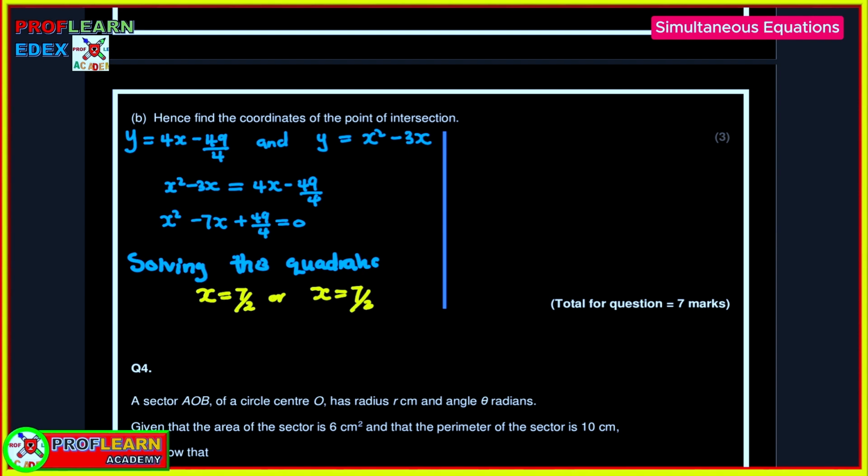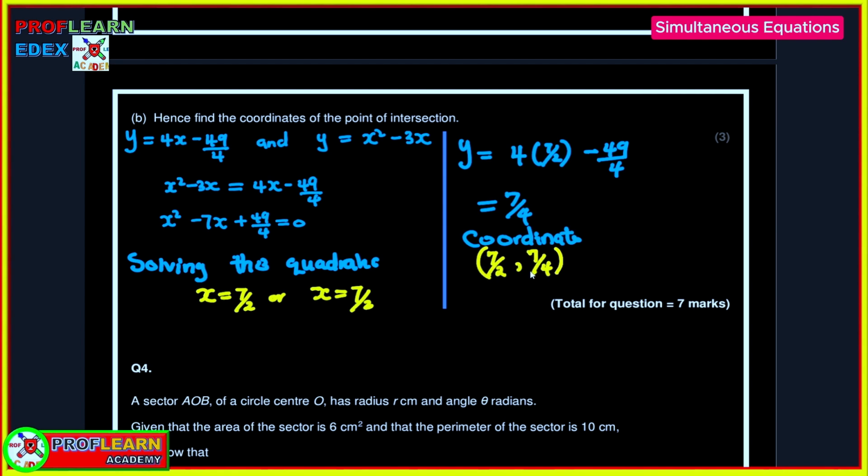We can substitute this value of x into the equation of a straight line or the equation of the curve, and then we get the value of y being 7. So we can now write the coordinates the way it was expected, and have our coordinate as such as the final answer.